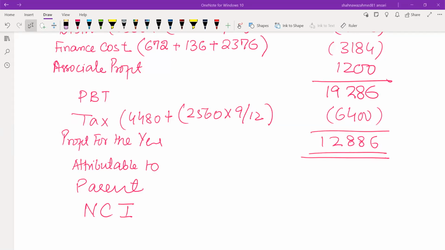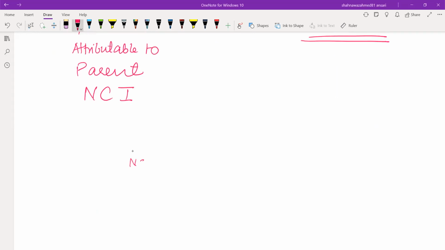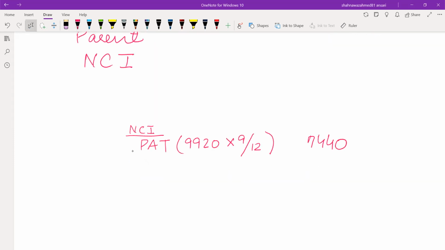Now let's identify the final figure, and that is NCI. So let's put here NCI figure. So we need to find out profit after tax of subsidiary. It's given 9920, but we have to time apportion this due to mid-year acquisition. It's 7440. And the depreciation on fair value adjustment will reduce the profit by 650.